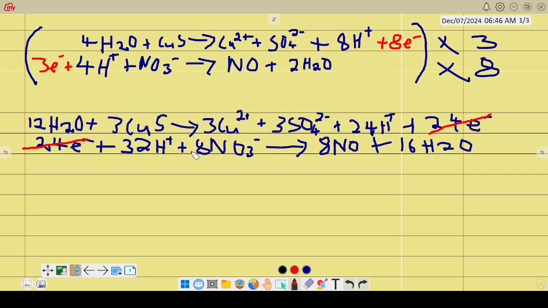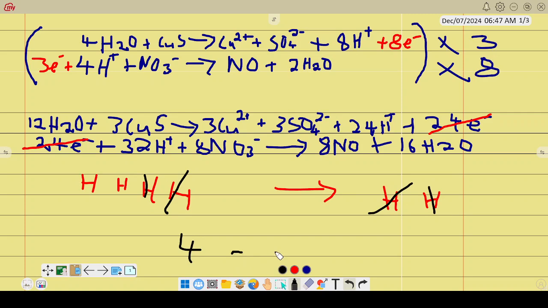So the kind of cancelling is like, let's say on the right hand side we have 4 hydrogen ions, and on the left we have 2. To cancel, it simply means this goes with that, this goes with that, we remain with 2. It's the same as saying 4 minus 2.